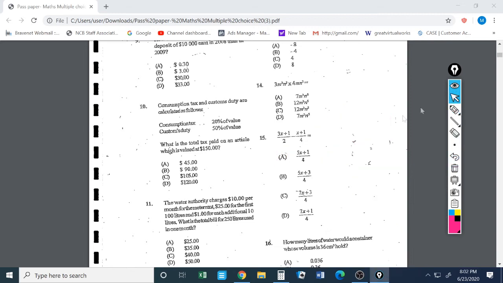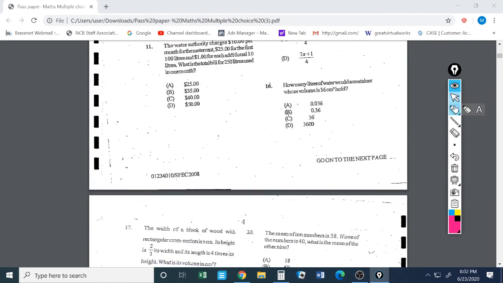All right, guys, so let's look at number 16. It says, how many liters of water would a container whose volume is 36 centimeters cubed hold? Firstly, 1,000 centimeters cubed is equal to 1 liter. Therefore, 36 centimeters cubed would hold this divided by 1,000.